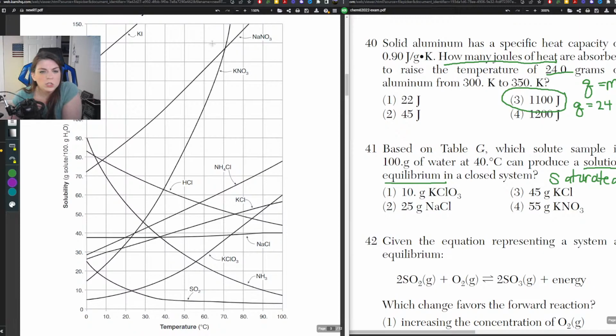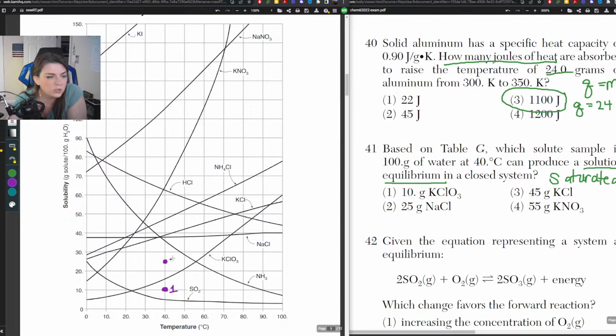Here we are looking at different solutions at 40 degrees Celsius. I hate when they do different masses. Okay, so I'm going to do these in different colors. 10 grams of KClO3 at 40. I'm going to label that as 1 because it corresponds to answer choice 1. 25 grams of NaCl at 40 would be right here.